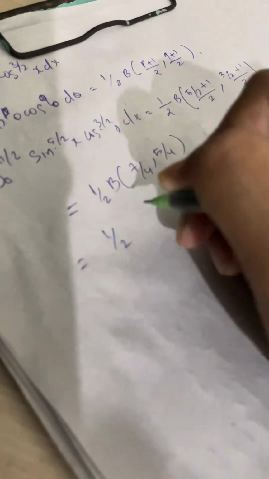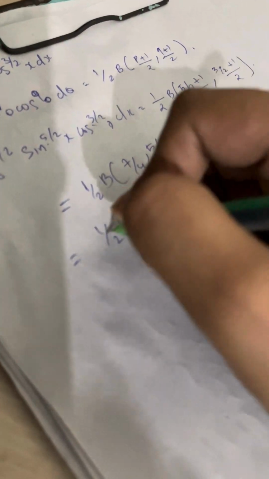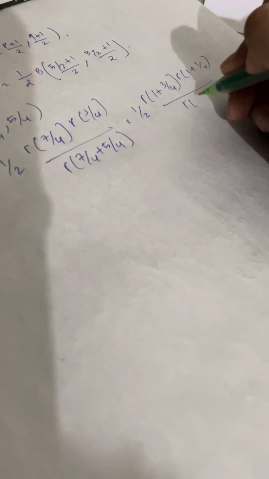Hence this is equal to 1 by 2 into gamma of 7 by 4 into gamma of 5 by 4 by gamma of 7 by 4 plus 5 by 4, which is equal to 1 by 2 into gamma of 1 plus 3 by 4 into gamma of 1 plus 1 by 4 by gamma of 3.